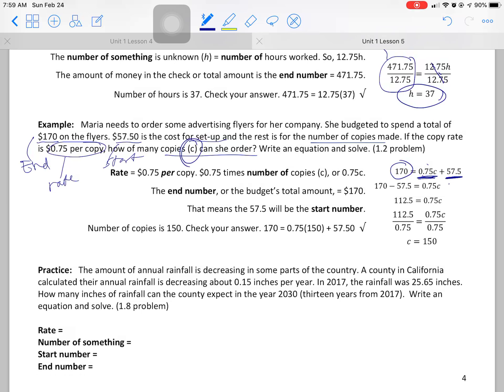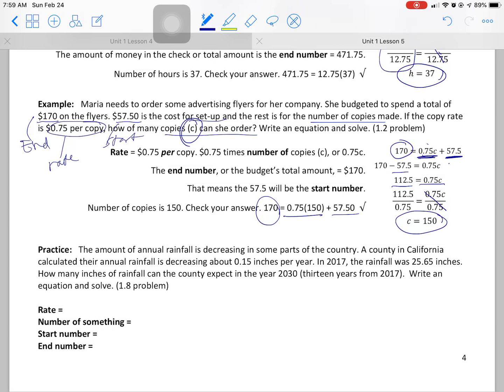Go ahead and subtract 57.50 from both sides. You get 112.50, and then you want to divide by 0.75, which is going to give you 150 copies. She can make 150 copies. 150 times the per rate will give you a number, plus 57.50 gives you the total of that. Okay?